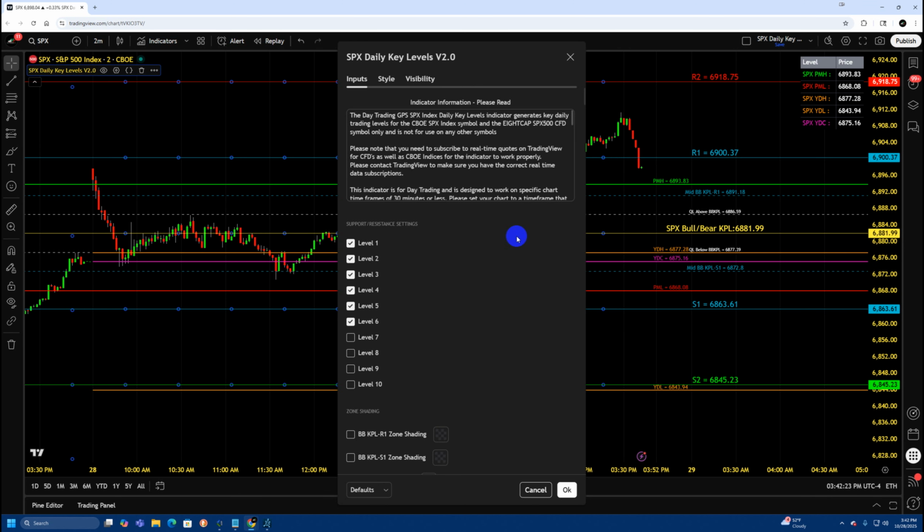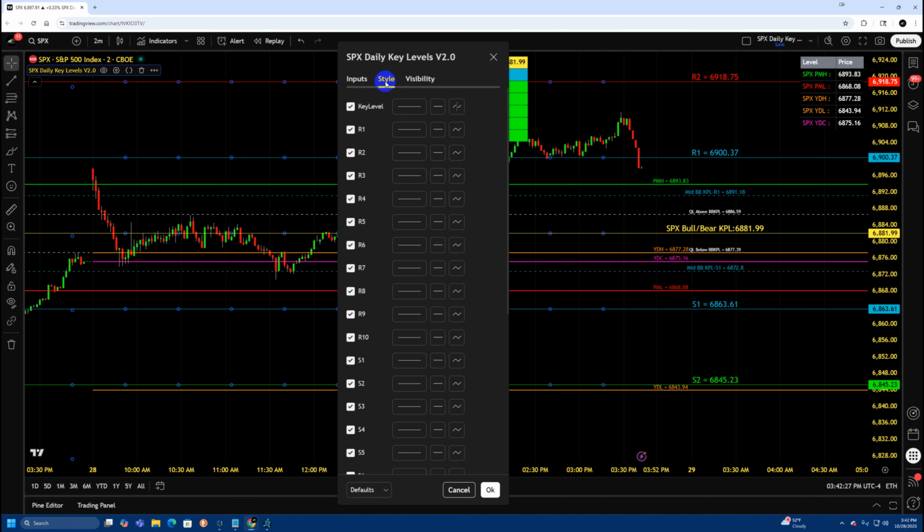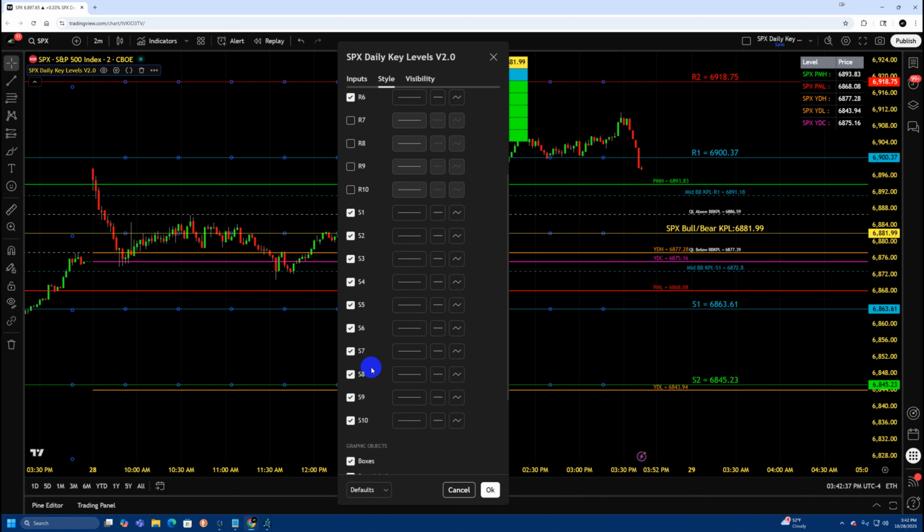The first thing you're going to do is go into the style section here and turn off R7 through R10, and then S7 through S10.